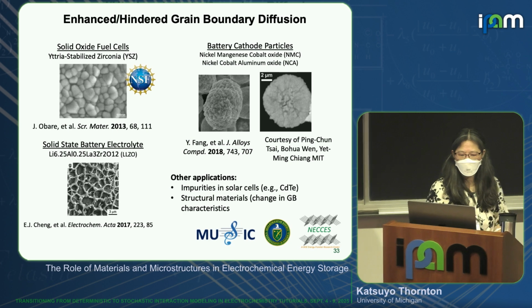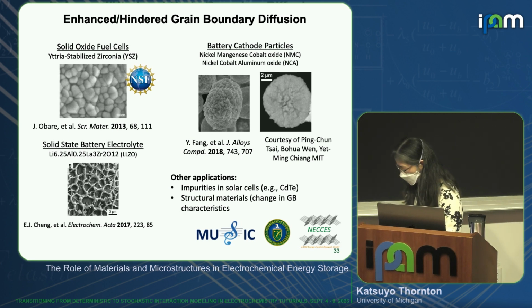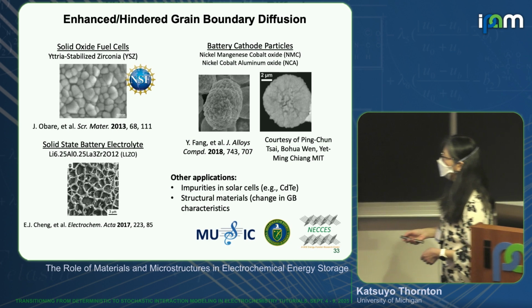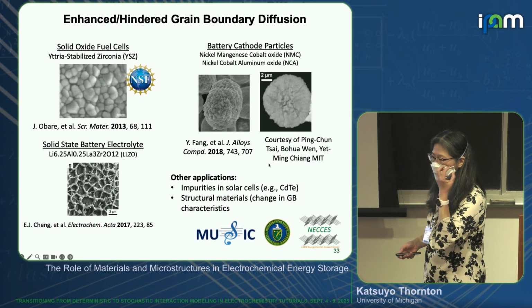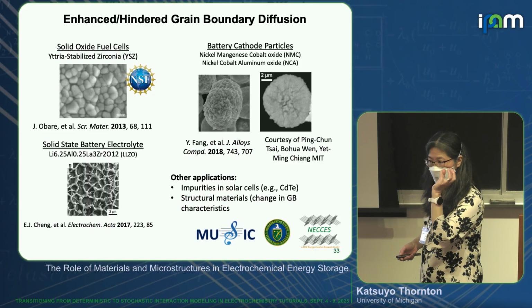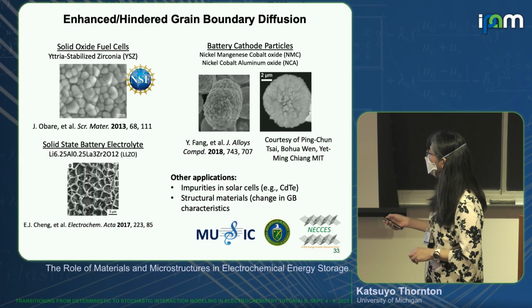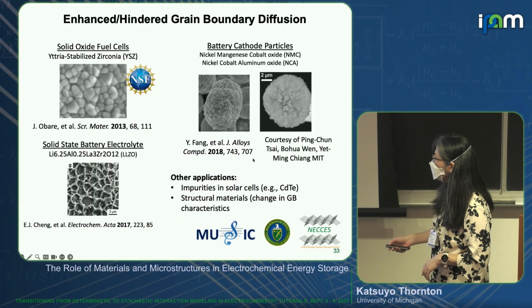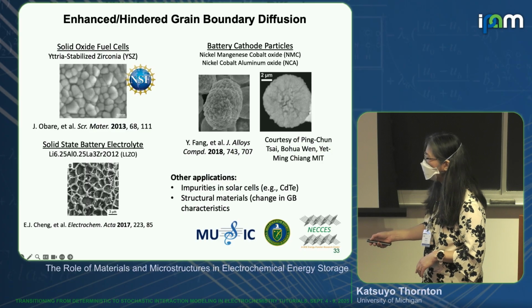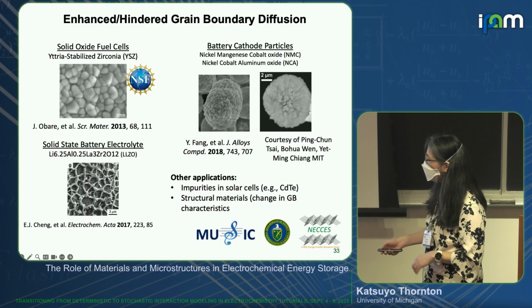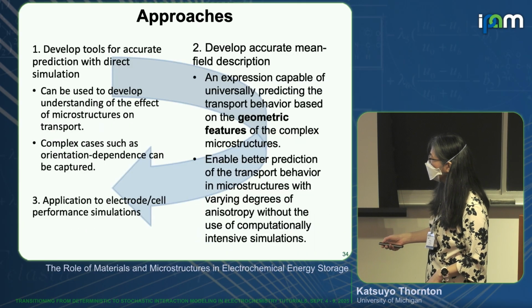So then you can see this in the experimental micrographs. Most battery materials are agglomerates of small particles, so it might look like this. Solid electrolyte is usually polycrystalline, so you can have leakage through the grain boundaries and can have lithium.